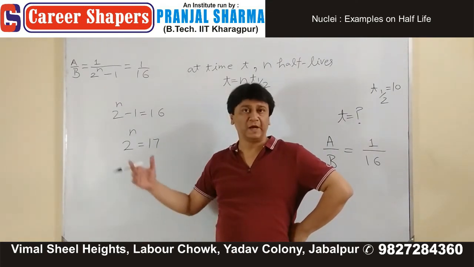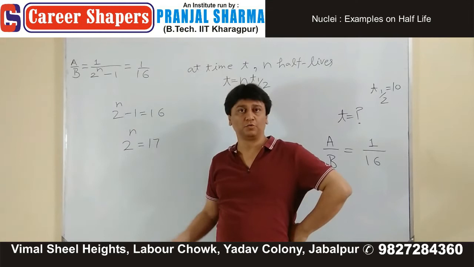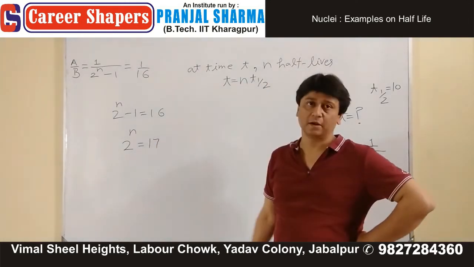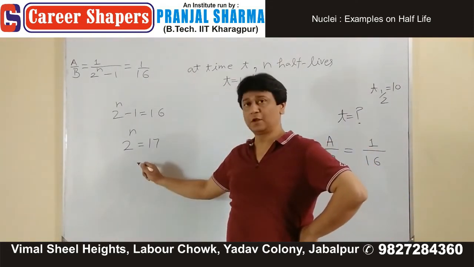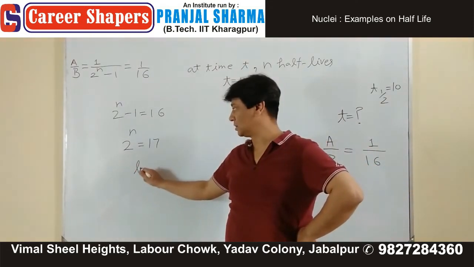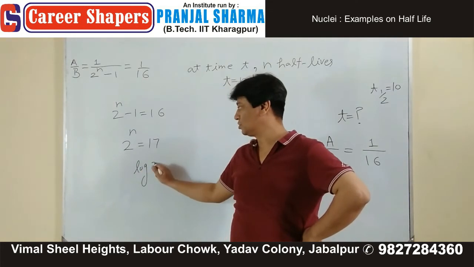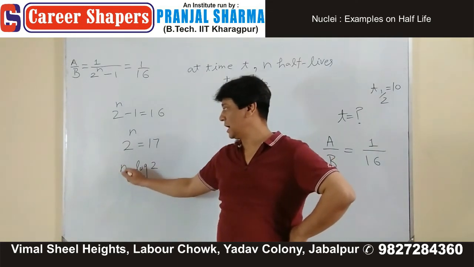There is no integer power like 2, 4, 6, 7. So how do you find this n? Take the log. So if I take the log, it becomes log 2 to the power n.